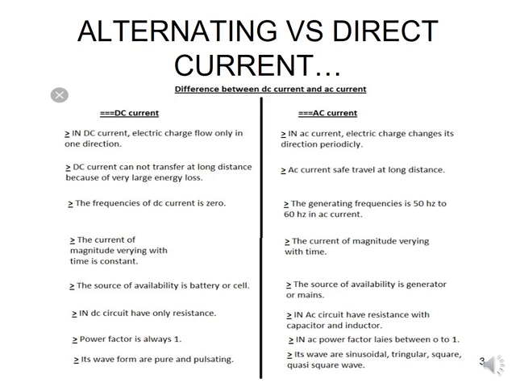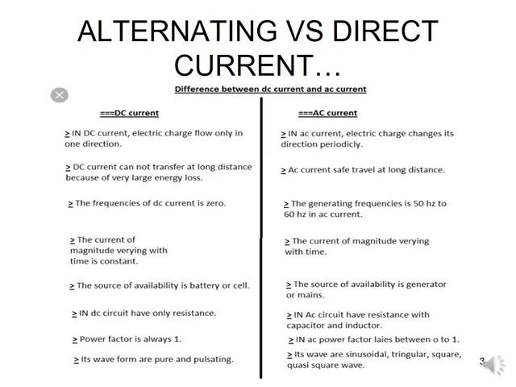For your AC, you are able to travel over long distances, and this is with the help of the transformers, as they are able to transform to certain voltages so that you can do the traveling with very minimal losses on your line.